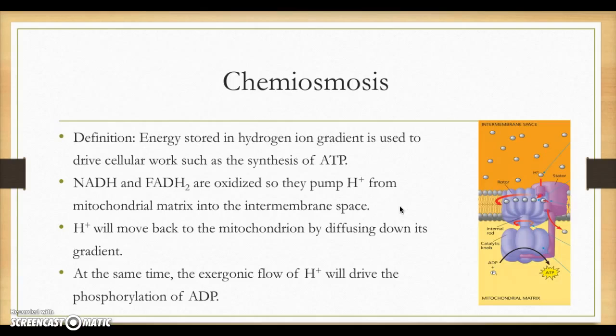As for chemiosmosis, the definition of it is energy stored in hydrogen ion gradient is used to drive cellular work such as the synthesis of ATP.